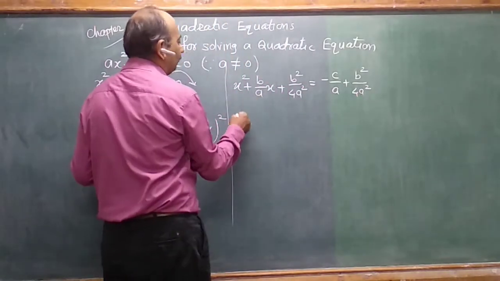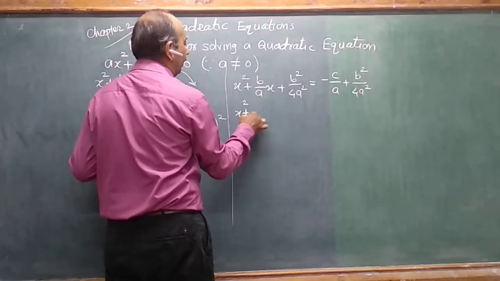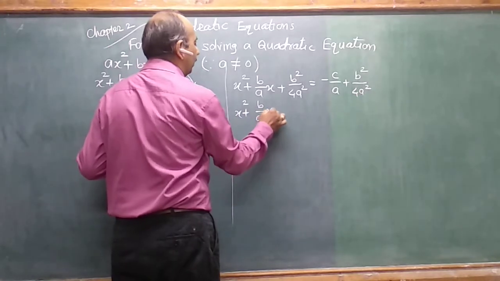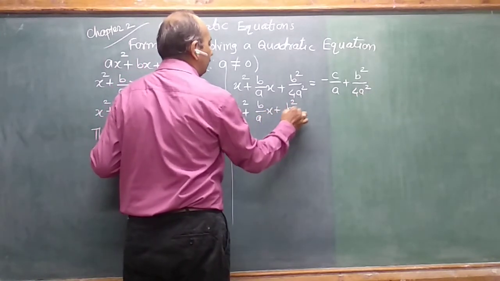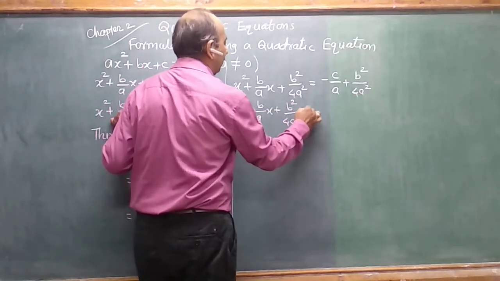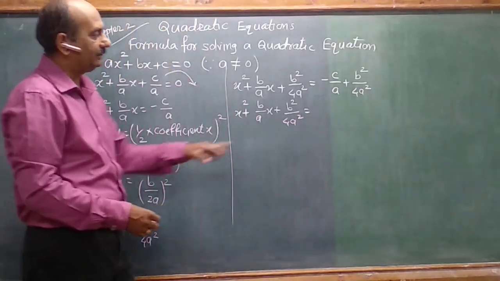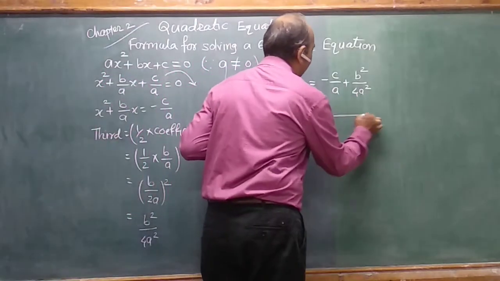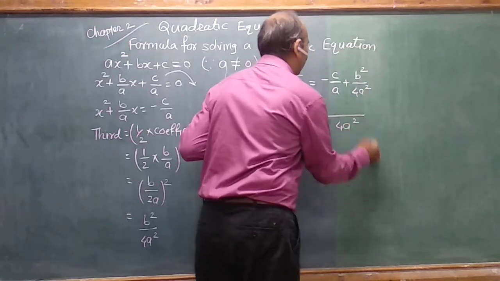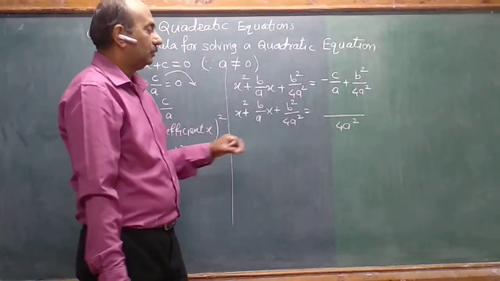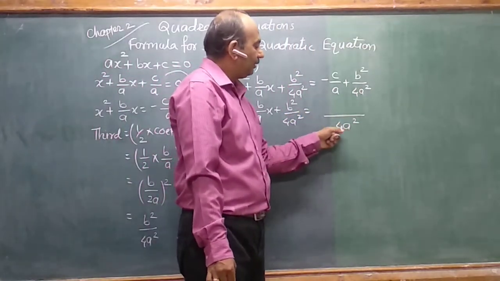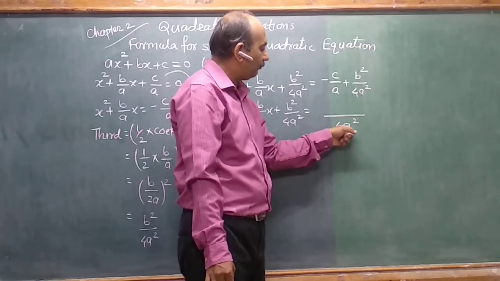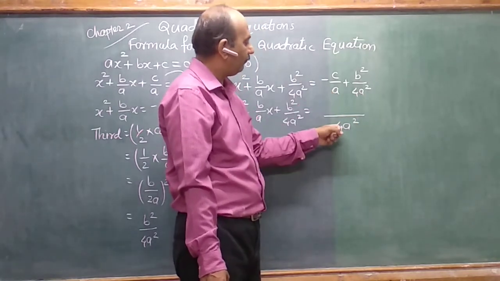Keep the LHS as it is. So x square plus b upon a x plus b square upon 4a square is equal to the LCM of these two, that is 4a square. Now since the LCM is 4a square, divide 4a square by a, you will get 4a.